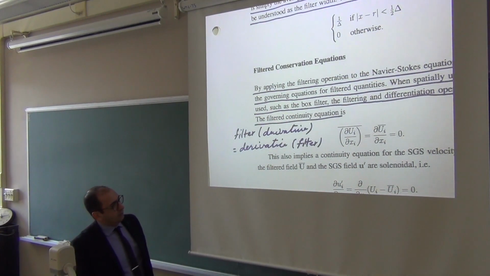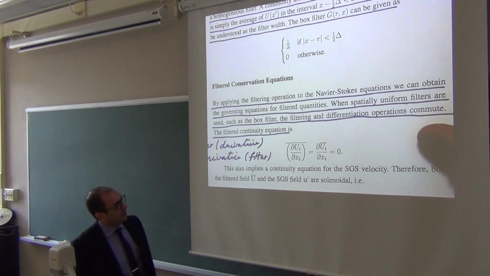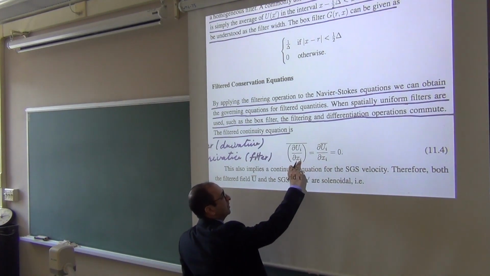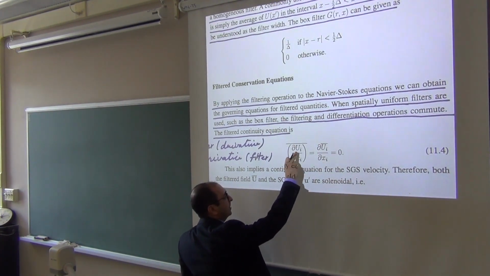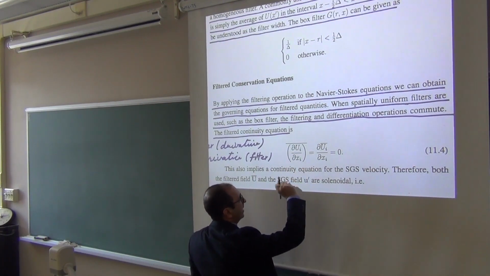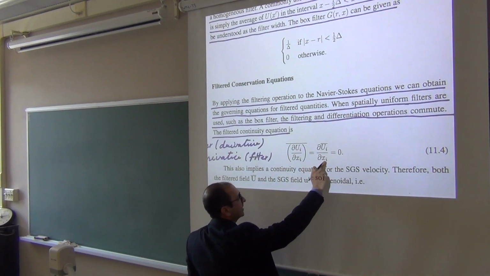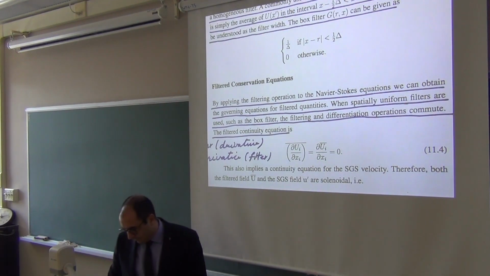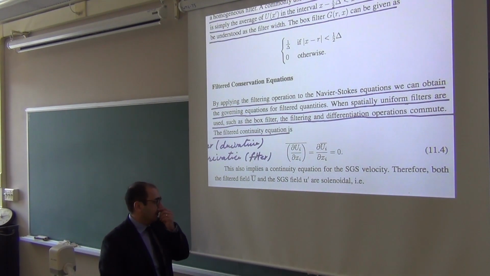Which allows you to filter the continuity equation. Remember Einstein notation, the repeated index, so this is du dx plus dv dy plus dw dz. You filter all of that, and it is the same as the partial of the filtered velocities, which means the continuity equation also applies to the filtered velocity.